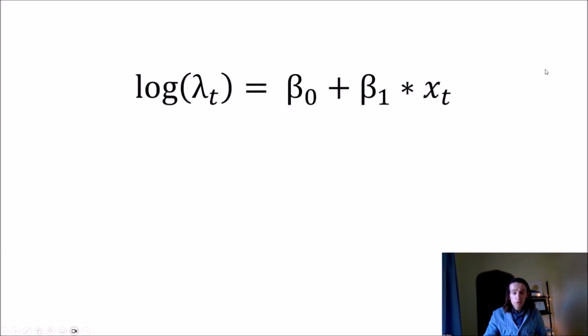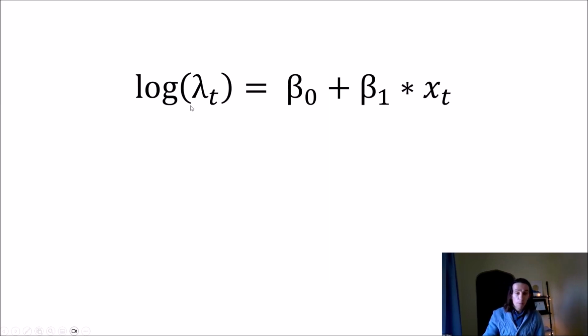So next, I'll walk through the submodel for our presence absence data. And here I'm going to index our sites where we have presence absence data with T. This is to emphasize that these presence absence data may come from different sites or a different number of sites as our count data.